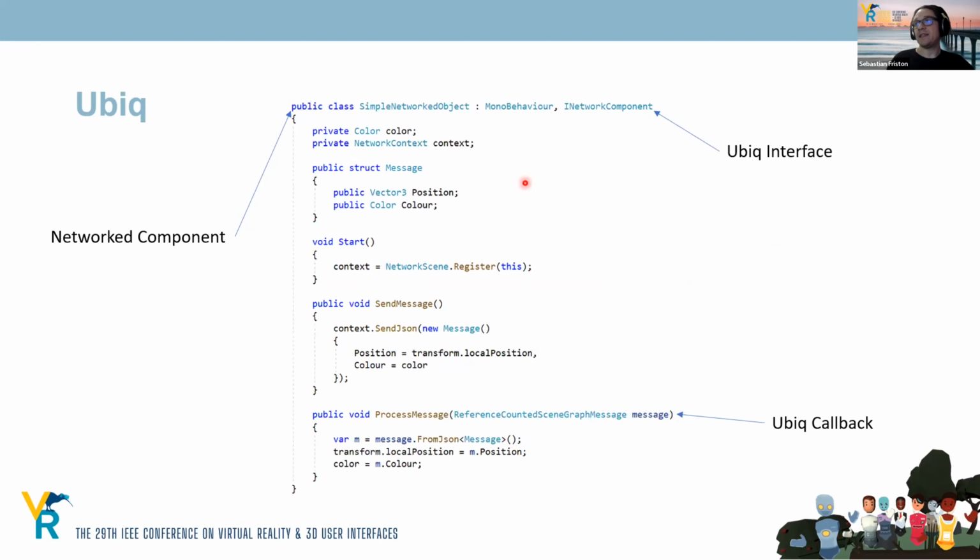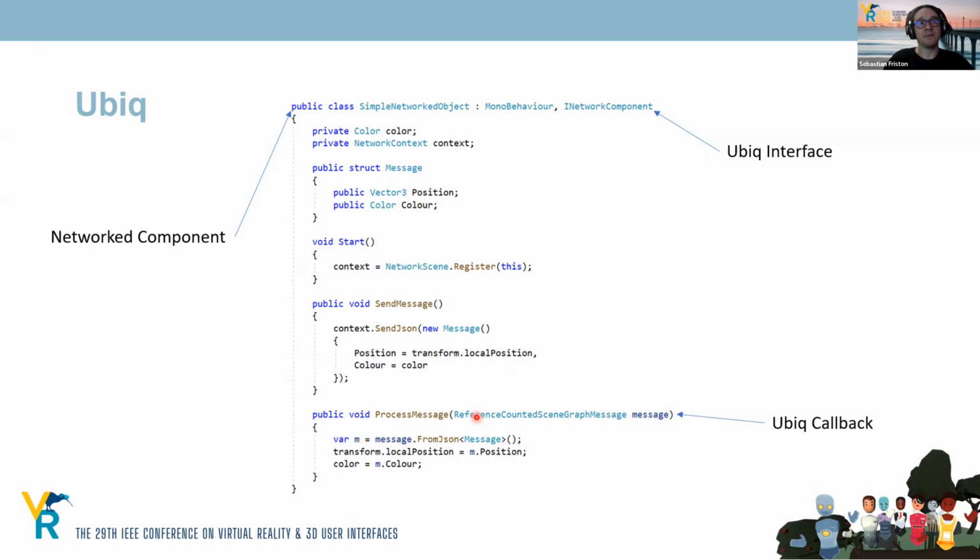To do this, we provide a set of interfaces that users use to create what we call network components. These are basically standard Unity components that send and receive messages using Ubiq. And when a message is received, it's handed over through a callback method like any other Unity system, like you were using on trigger enter or the like.